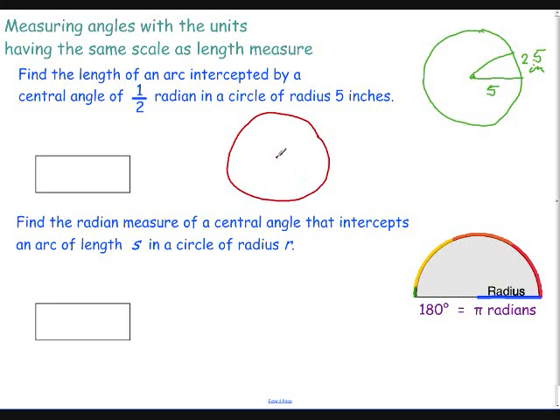Okay, we have radius R, and we have an arc length of S. It's a weird looking S, but we know what it is. And I want to find this measure.